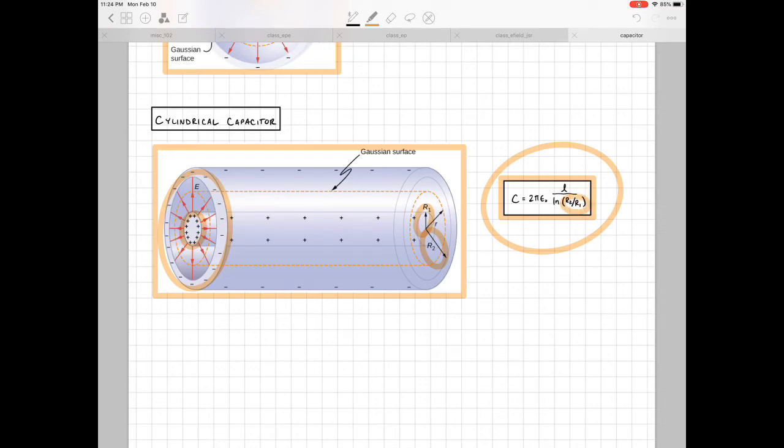The natural log comes about from taking the integral of the electric field due to a cylinder, which drops off as 1 over R. So when you take the integral of that, you end up with the natural log.